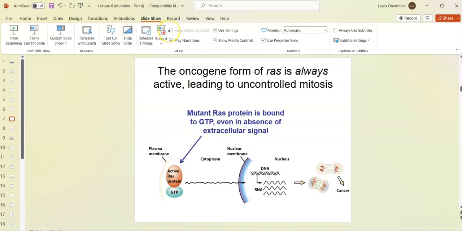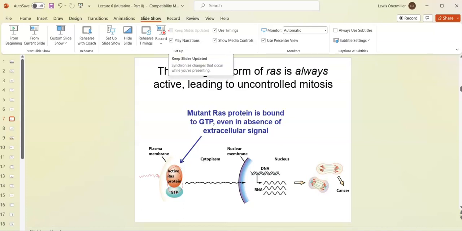This isn't a layered slide. In this case, we don't need the external signal, right? RAS is always active. There's lots of mutations that occur to a protein, so it could be active or inactive. In this case, it's just always active.